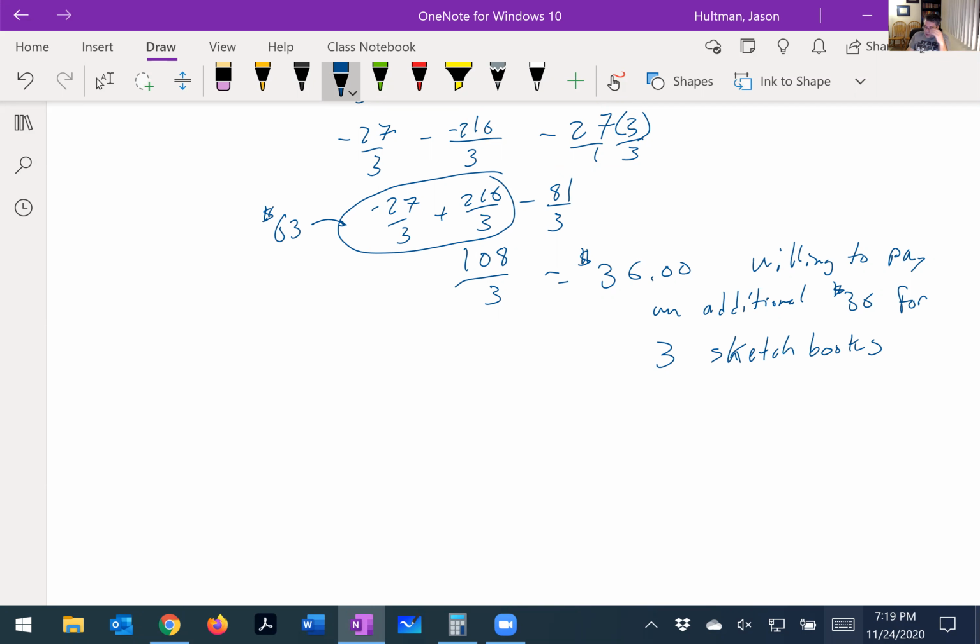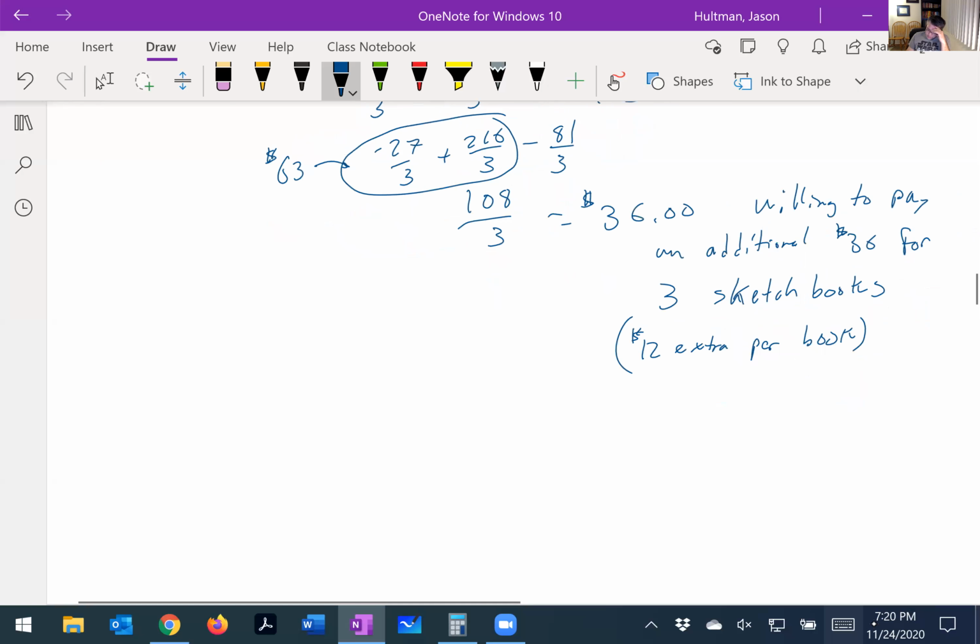So basically I would have been willing to pay $12 extra per book. That's how much I would have been willing to pay. But I bought 3 of them, so I got a better deal. The more I buy, the better deal I get, up until a point.